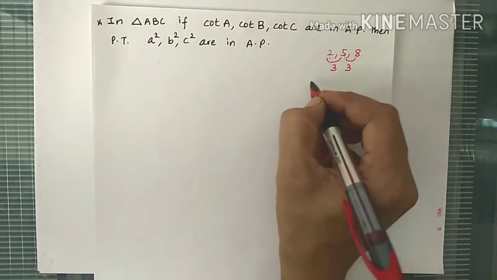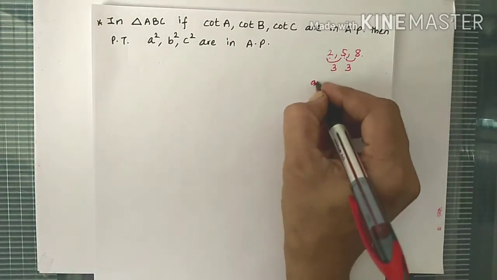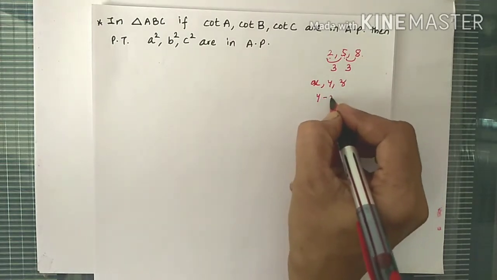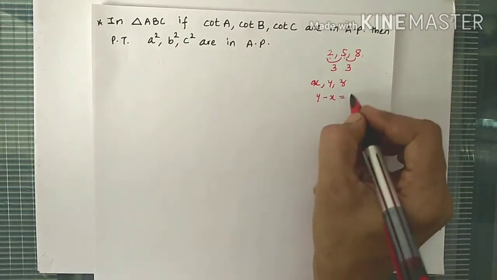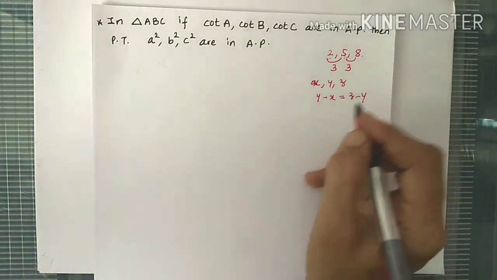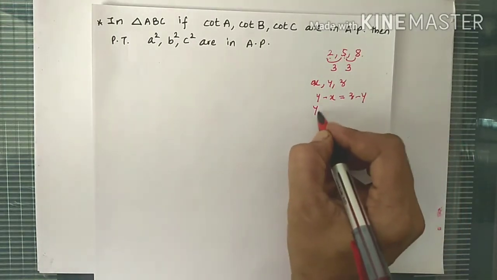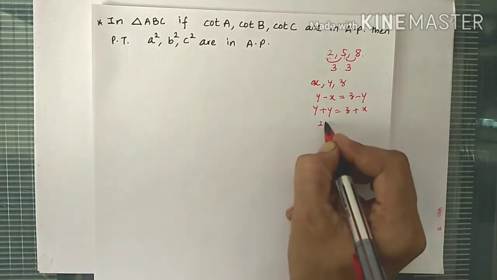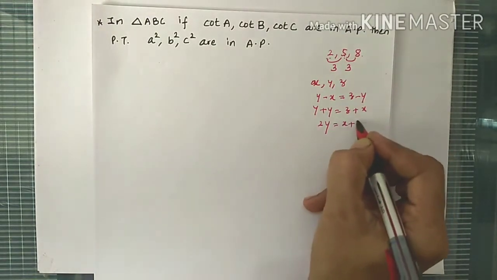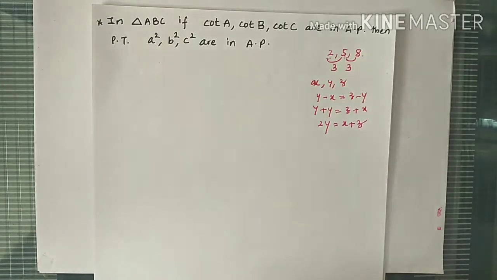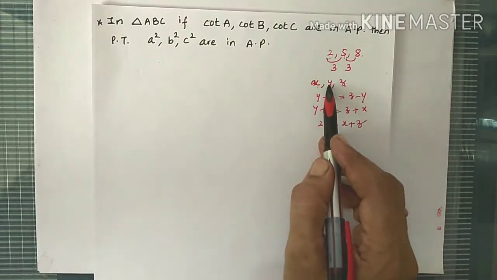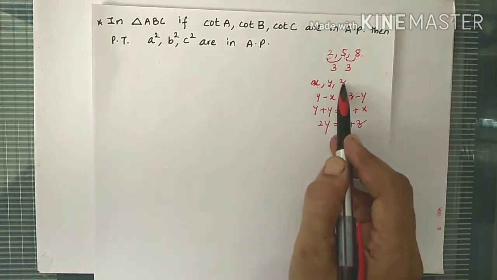You can see here, if 3 terms, say x, y, z, instead of ABC, are in AP, then we have y minus x is equal to z minus y. So what we can write is y plus y is equal to z plus x, that is 2y equal to x plus z. That means if 3 terms are in AP, then twice of the middle term is the sum of the first and third term.